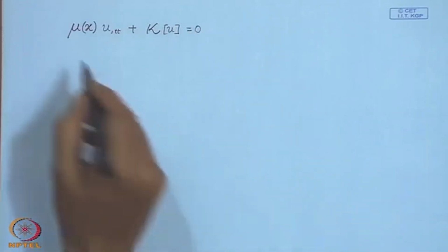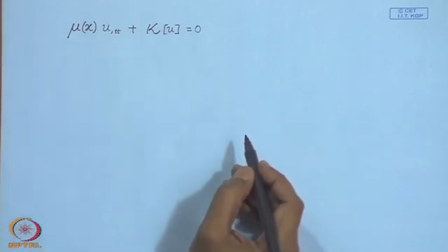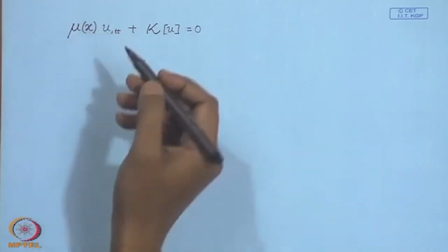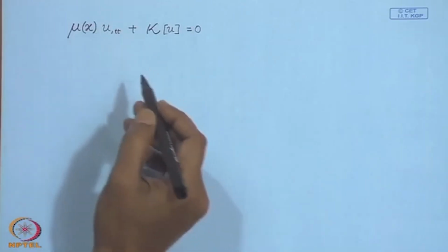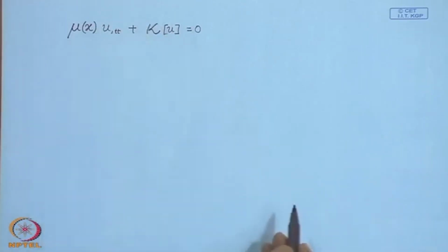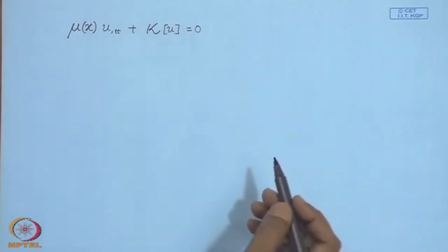Let us consider a differential equation which has a structure like this. Here, m represents the inertia operator, let us say, and k is another linear differential operator.